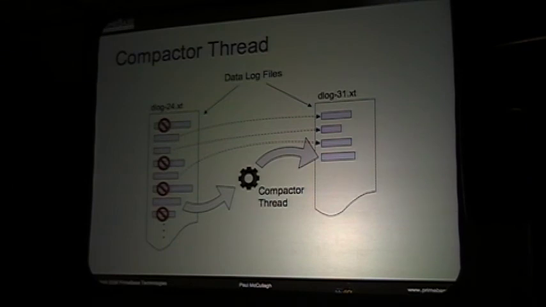And what the compactor then does is wait for the garbage threshold to reach a certain point, and this point is settable, but by default it's 50%. When there's that much garbage, all the compactor does is go through the old data log, create a new data log, copy everything that's still valid over to the new data log, and then remove the old data log when it's complete.